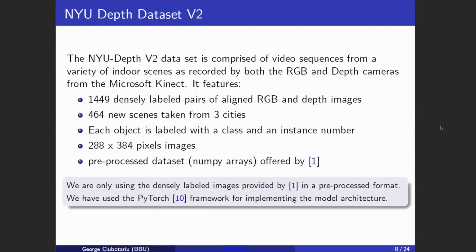Okay, so the data set is offered by the multitask attention network. We have it from their GitHub. They have preprocessed the images by dumping them as NumPy arrays, which is easier to read, but the images themselves are similar to what is found in the original data set.